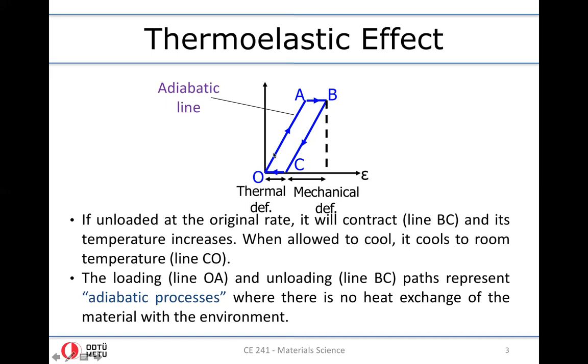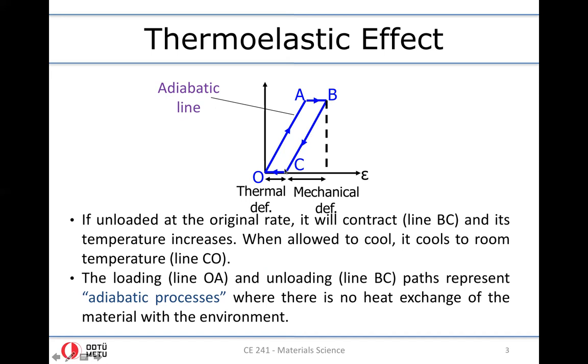When the rate of the strain is positive, the material cools down. When the rate of the strain is negative, in other words, when you compress the material towards its original position, the material heats up. When you keep the force or stress constant, by the way, this is the stress axis. For some reason, the stress label has been moved or removed. If you keep the stress constant, the material along the line AB warms up to the room temperature.